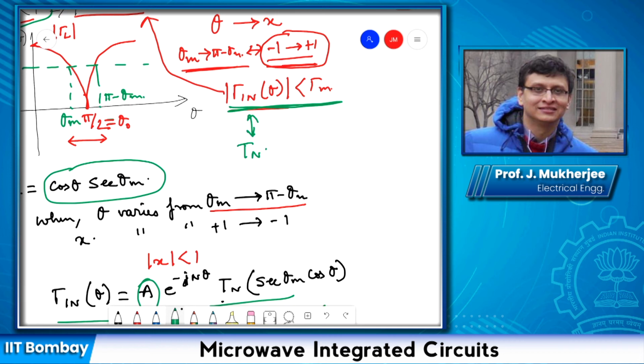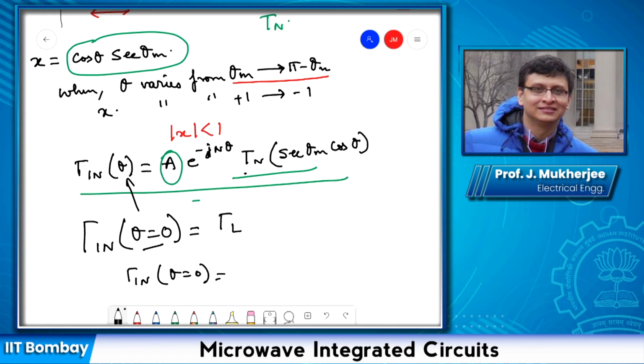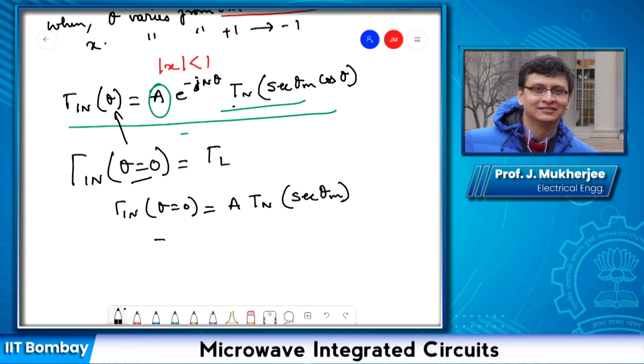So how do we do that? To do that, we again follow the principle that we used for the binomial prototype function, which is that gamma in for theta equal to 0 is equal to gamma L. Substituting this value here, we get gamma in at theta equal to 0 is equal to A Tn sec theta m.